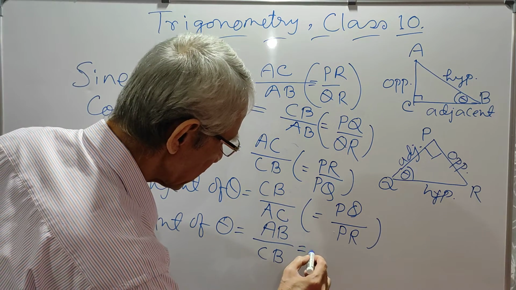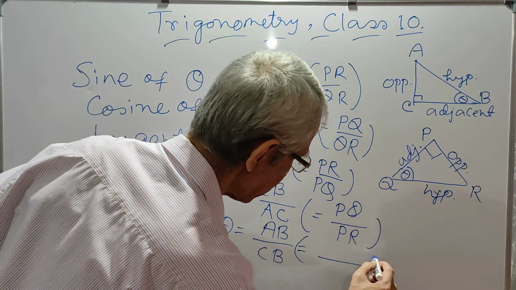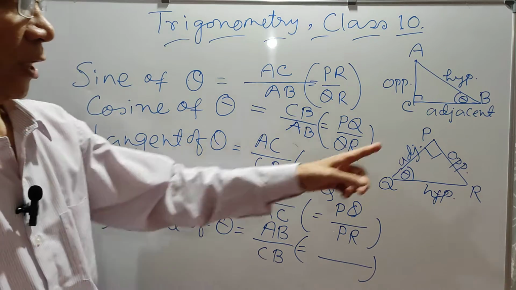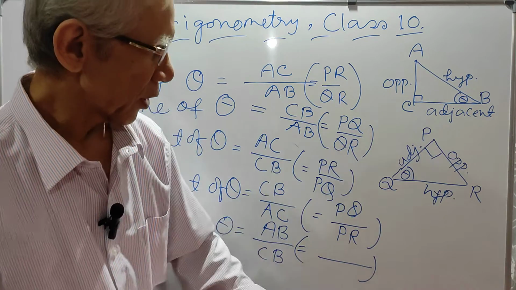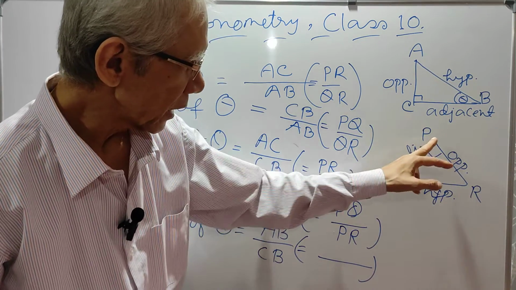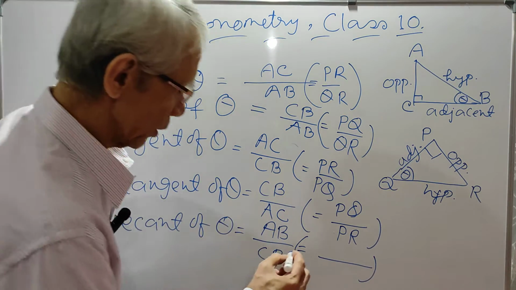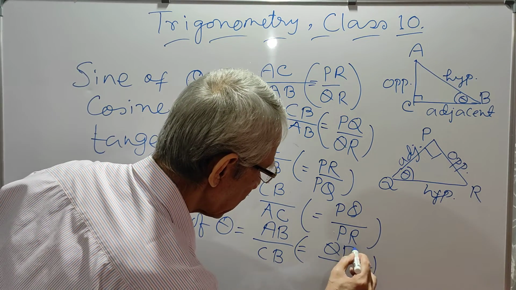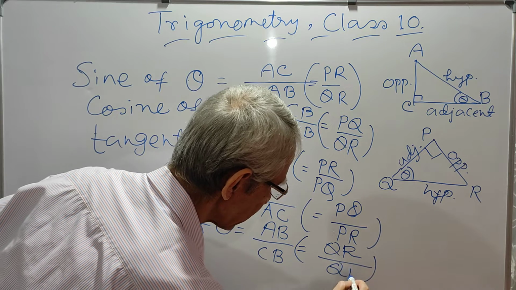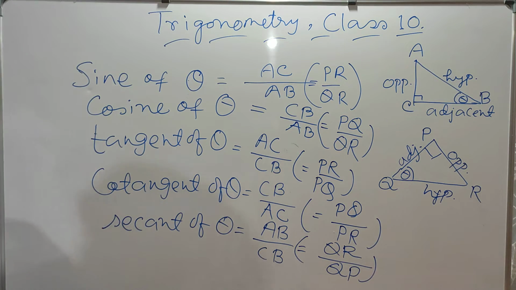In this triangle, hypotenuse by adjacent means QR by QP.